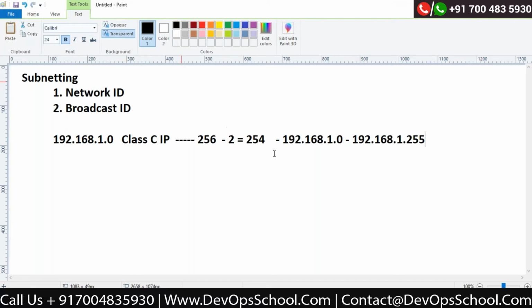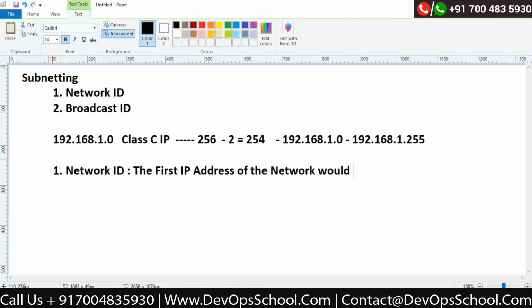Remember guys, the first IP address of your network, or any network, remember it. Network ID means the first IP address of the network.